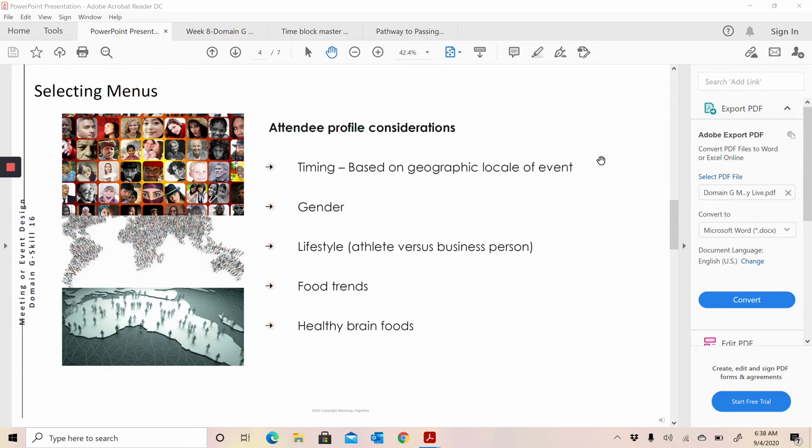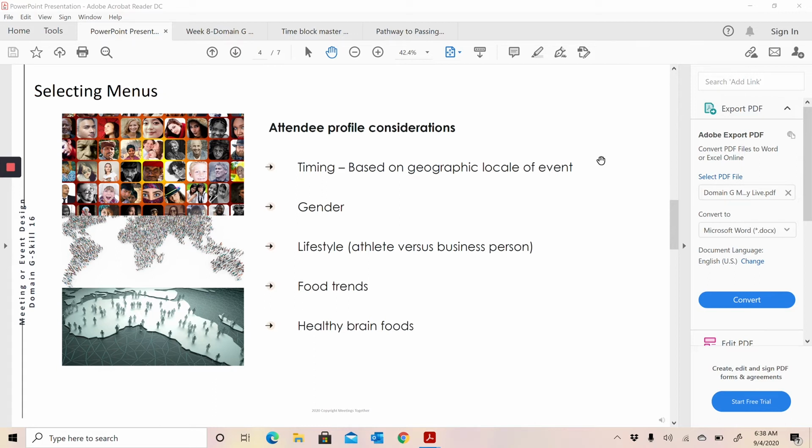You're going to order something different for a football team versus some business professionals. Or if you have a peewee football versus an NFL football team. So knowing the lifestyle of the attendees and the demographics.